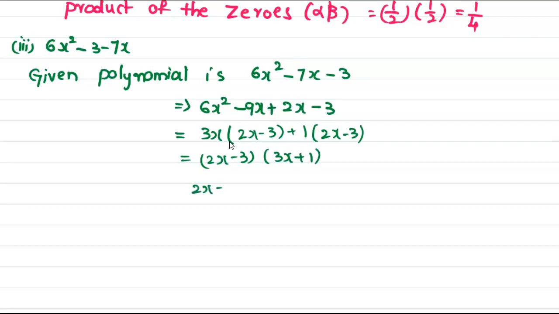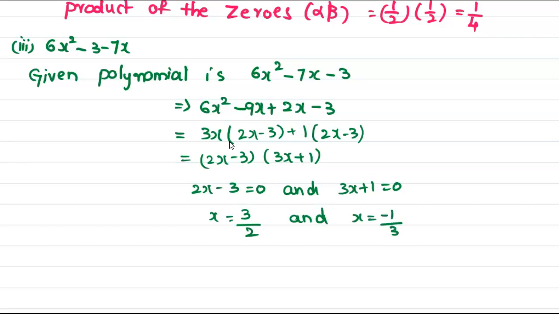So that is 2x minus 3 is equal to 0, and here 3x plus 1 is equal to 0. Then x is equal to, so minus 3 became a plus 3 after moving to the right side. And 2 in the multiplication position on the left side became a division position after moving to the right side. So 3 divided by 2 here, and here the same process, x is equal to, plus 1 became a minus 1 and 3 in the division position, that is minus 1 by 3.